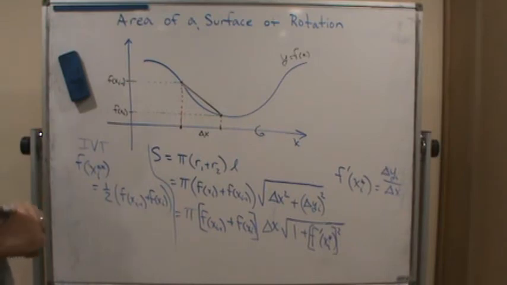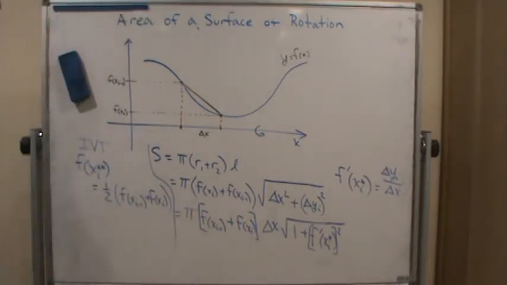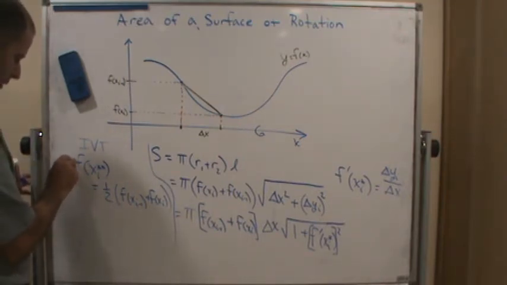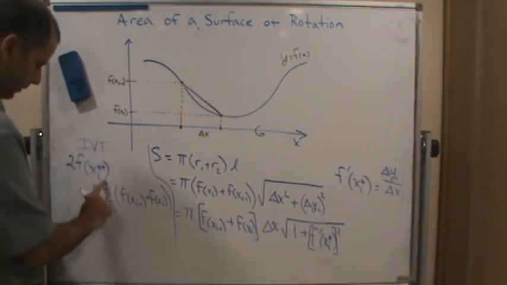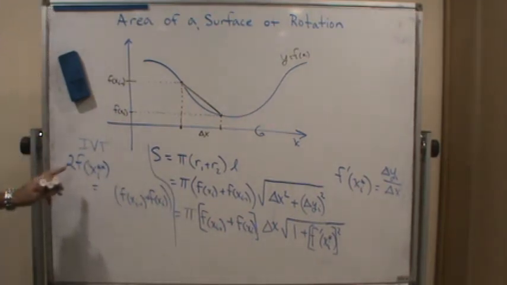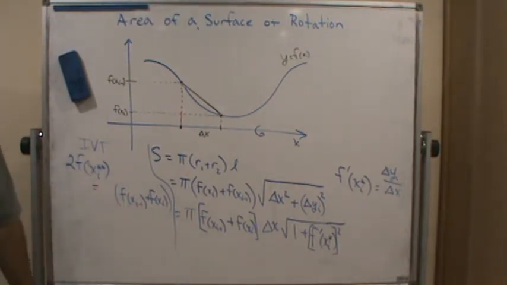So, now we only have this right here. Well, if I want to replace this, why don't I just multiply both sides by 2? And now I get 2 times this is equal to that. And so now I can substitute that in.